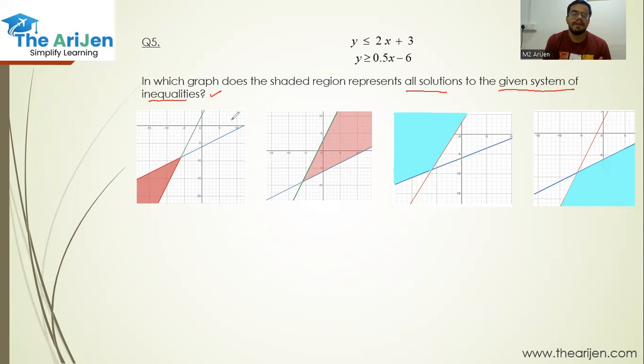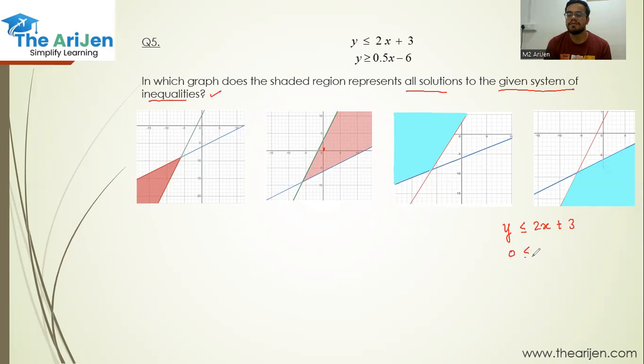See, simply there are four regions, right? Take any point from any of the regions, check which of them is satisfying both the equations. That is your solution, right? So the easiest point which we can check first is what? That is the origin, right? So the equation is y is 2x plus 3.